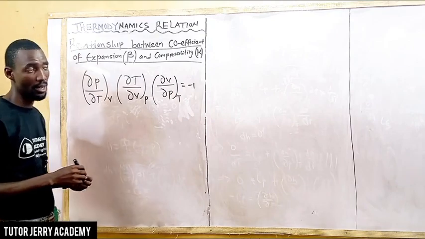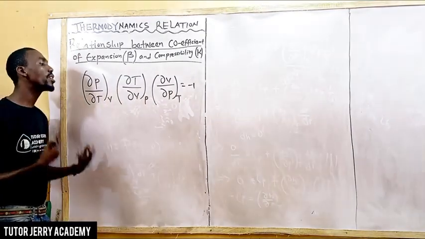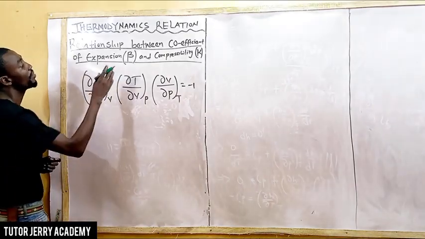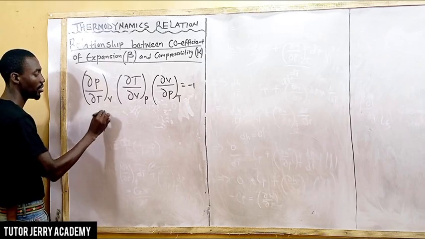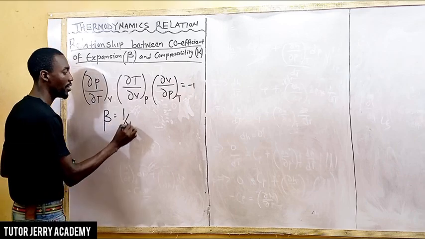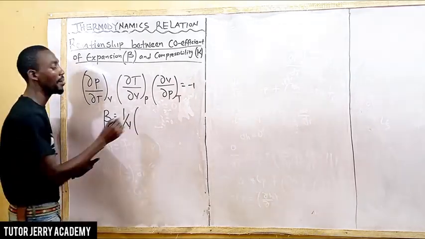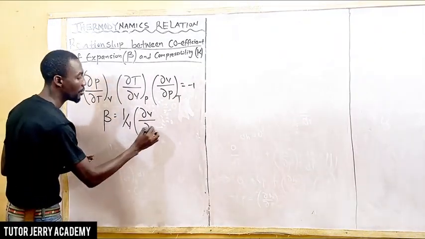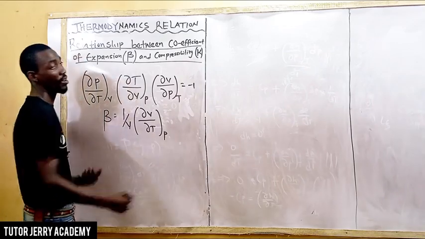Minus 1. All right. And you are also going to recall carefully that the thermal coefficient of cubic expansion, denoted by beta, is equal to 1 over V times the partial derivative of V over the partial derivative of T, keeping P constant.